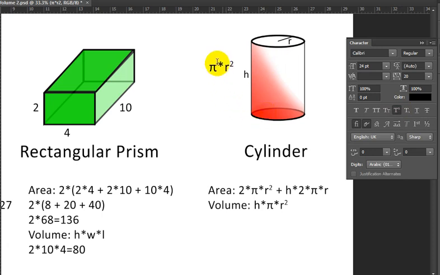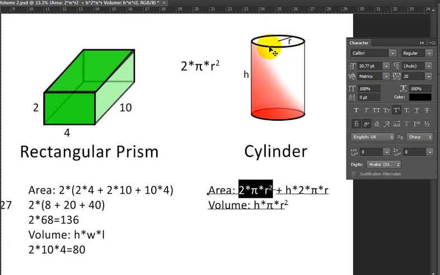Two of them would be this plus itself. So if you remember what we said from before, we could write this as 2 times the area of one base. So 2 times pi times r squared. So that's this part. This part is the area of the bases.